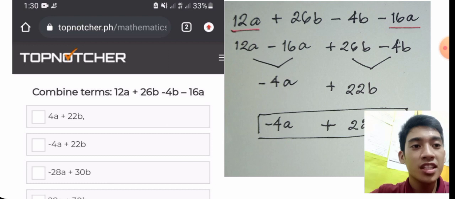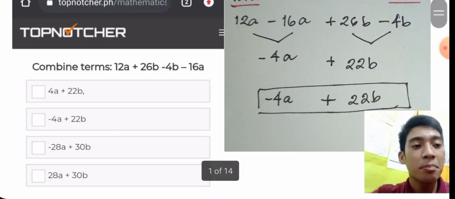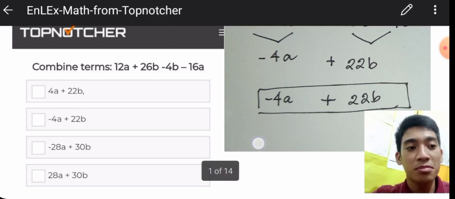It is obvious that 16 is bigger than 12, so copy the sign of 16, which is negative 4a. Then combine 26b and negative 4b, so subtract, which is 22b. So the final answer is negative 4a plus 22b. That's for the first combining of terms.